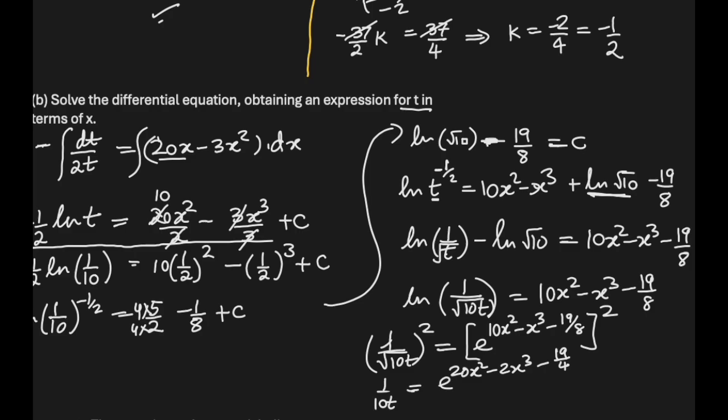Finally, if I want to isolate t, it will come here, and this whole thing will come with 10. So what will I get? t equal to 1 over 10 times e to the power 20x square minus 2x cube minus 19 over 4.